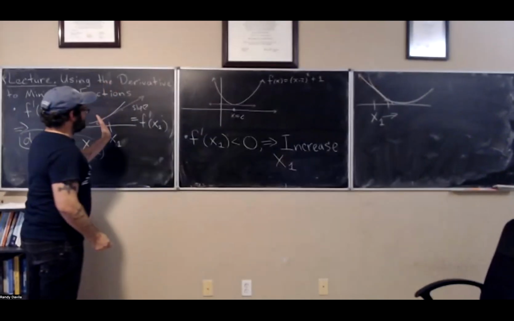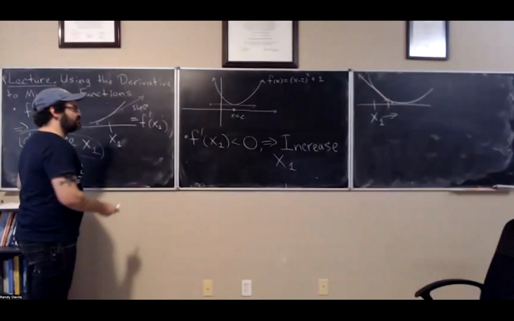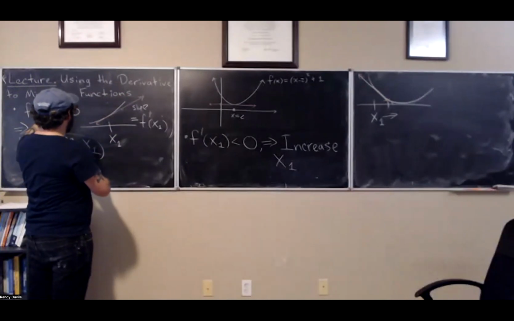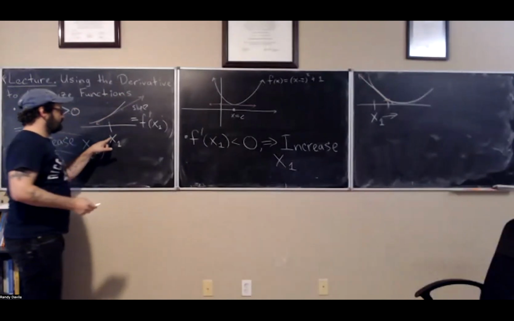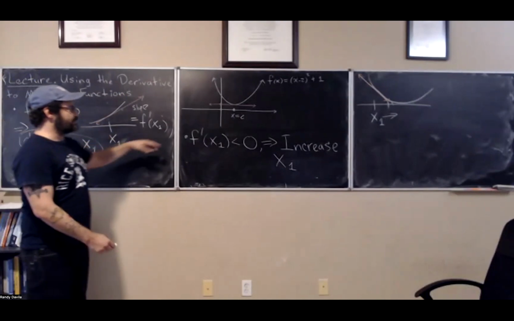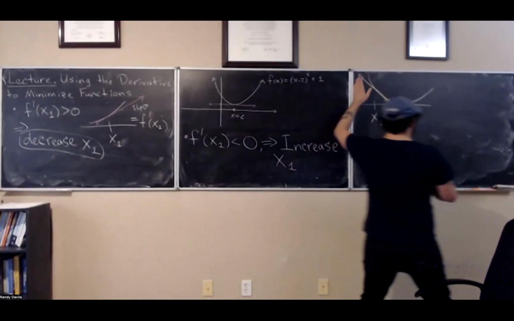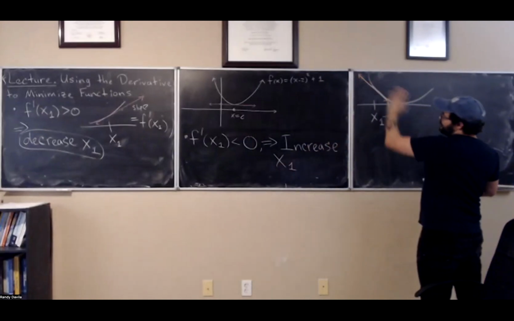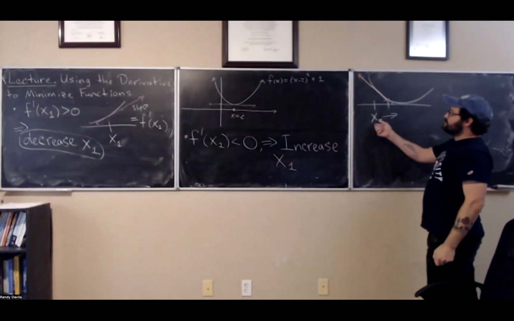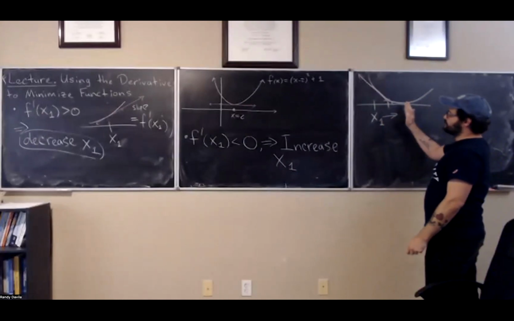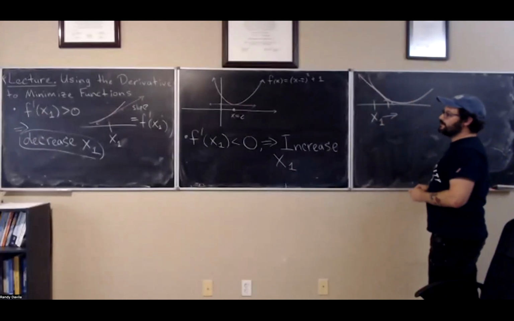So the derivative is telling us which direction to move. If the derivative is positive, we need to move to the left to find a smaller function evaluation. If the derivative gives us a negative value, then we need to increase our x to find a smaller evaluation of f.